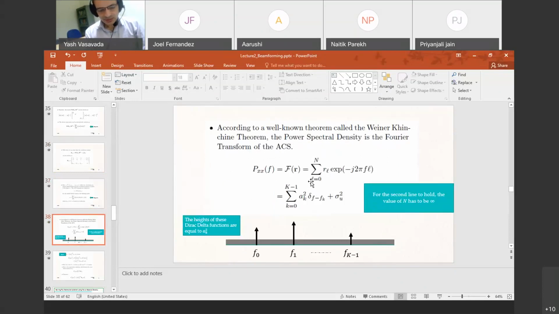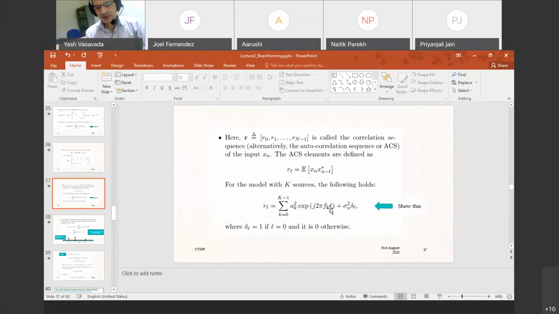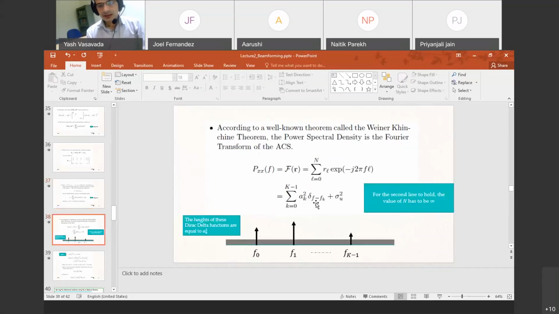So what it boils down to is that I have to take longer and longer observations, because this complex exponential function doesn't stop at some finite value of L. This is a mathematical function. It starts from minus infinity, it goes on to plus infinity. And so I have to make my observation window also infinite in length. And then if I do this Fourier transformation, I get this expression over here with these impulses at the location of the frequencies.